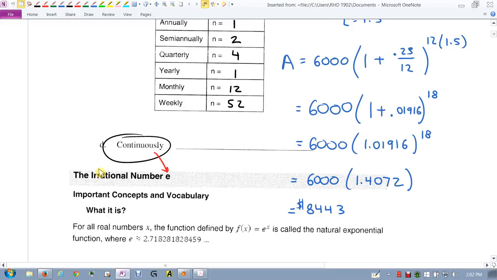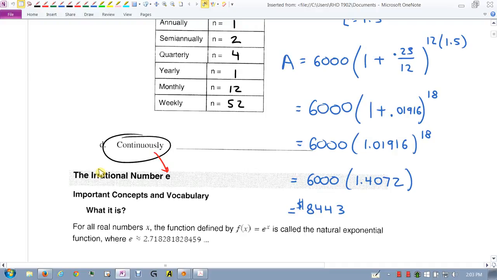One of them requires that you know how many times per year they're going to compound the interest, which can be monthly, weekly, or daily, and that will dictate what this n number is. And then there's this other formula, called continuous compounding, where the n goes away.